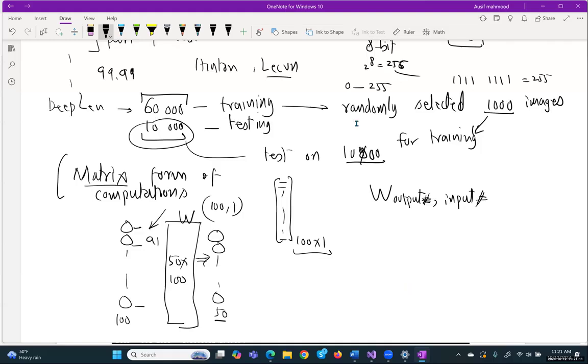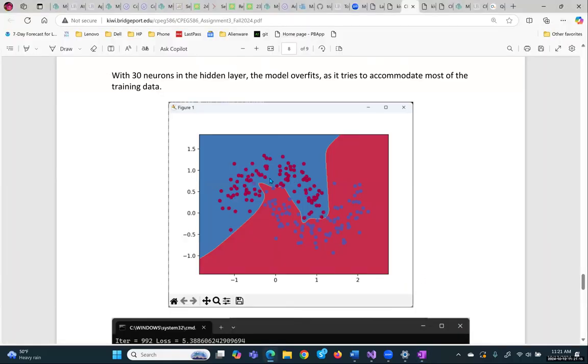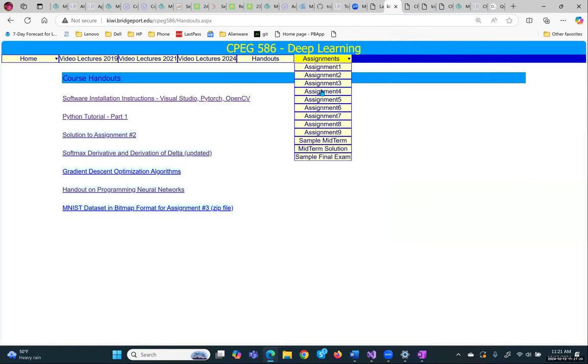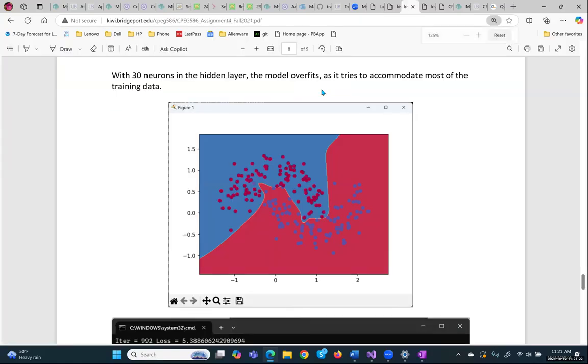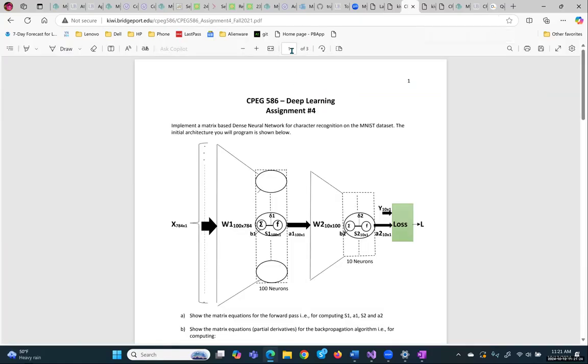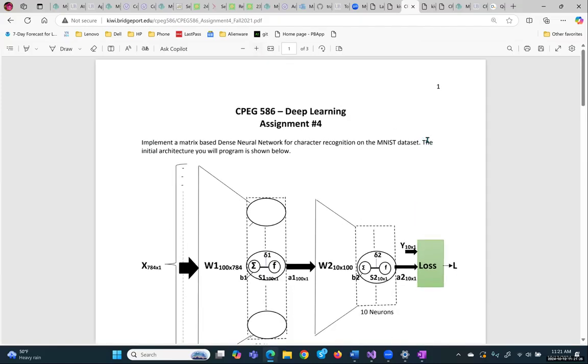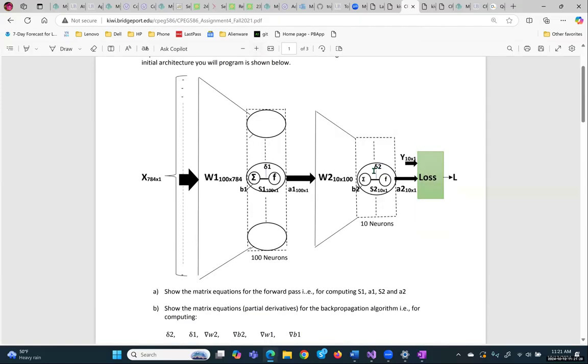So let me quickly show you to save time. Let's go to assignment number 4. From the picture, hopefully you'll be able to see. First of all, our input is coming as 784 by 1.